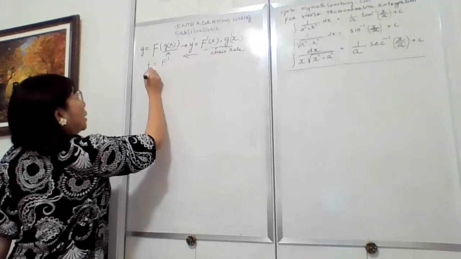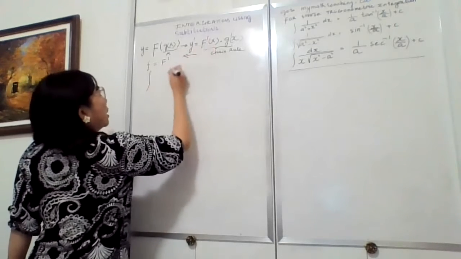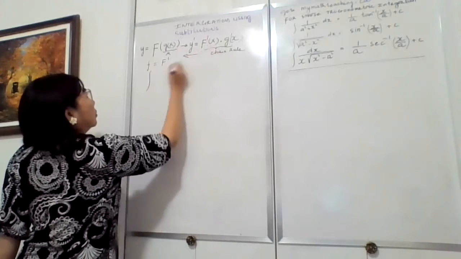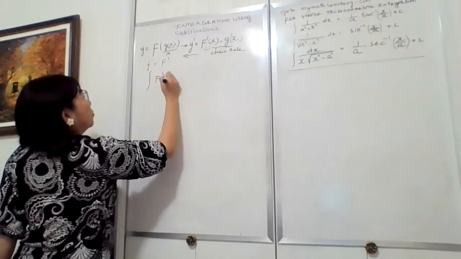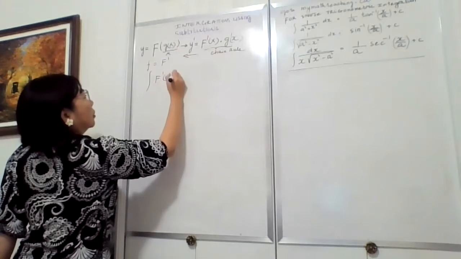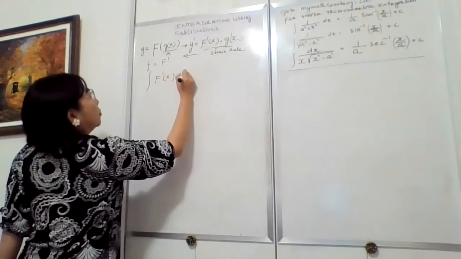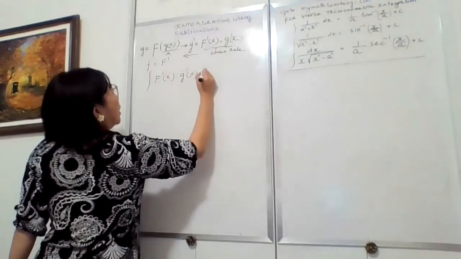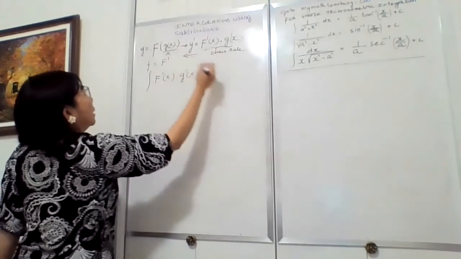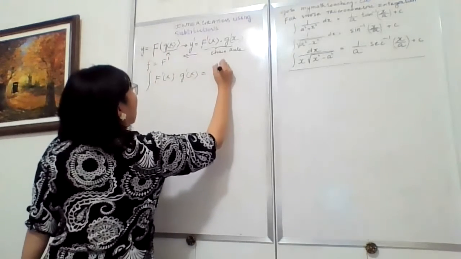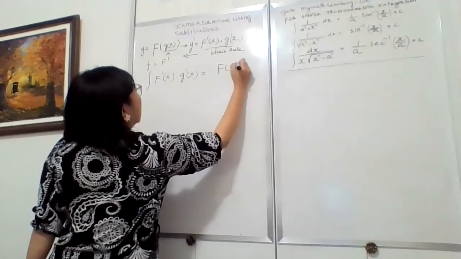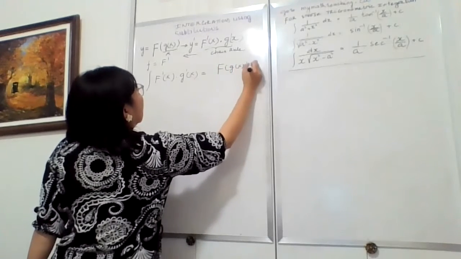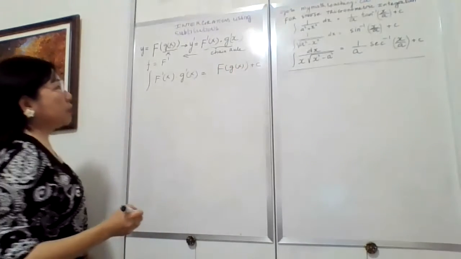Then it means we have to integrate this f prime function times g prime of x, and we want this to equal back f of g of x plus c. This is what we want to see.